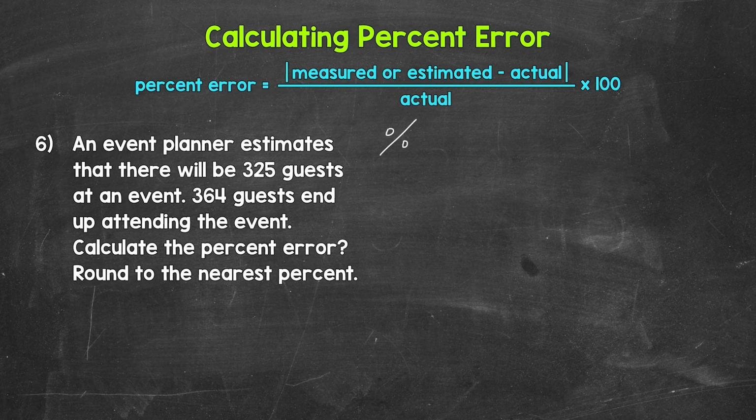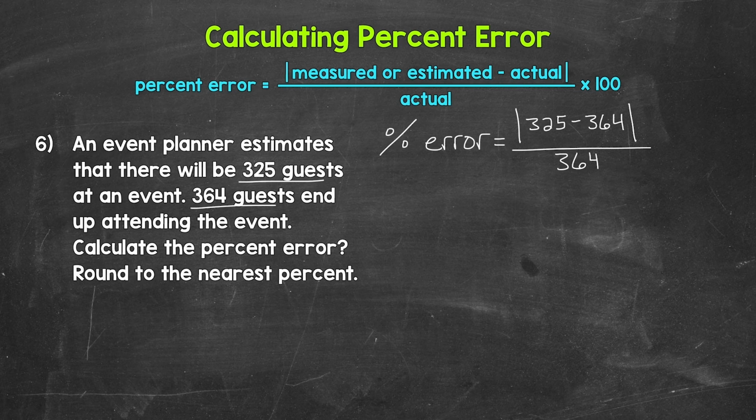We have percent error equals the absolute value of the estimated value. That's 325 minus the actual value. That's 364 divided by the actual value.